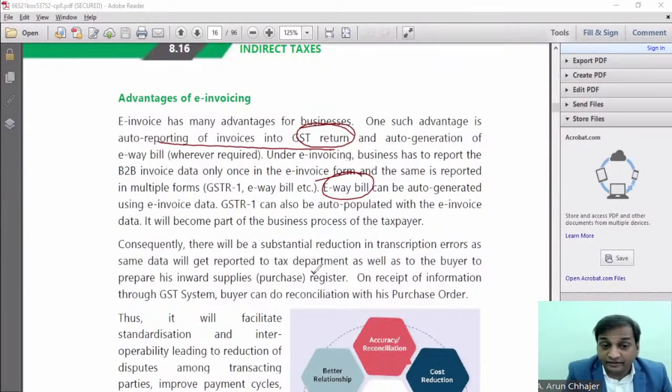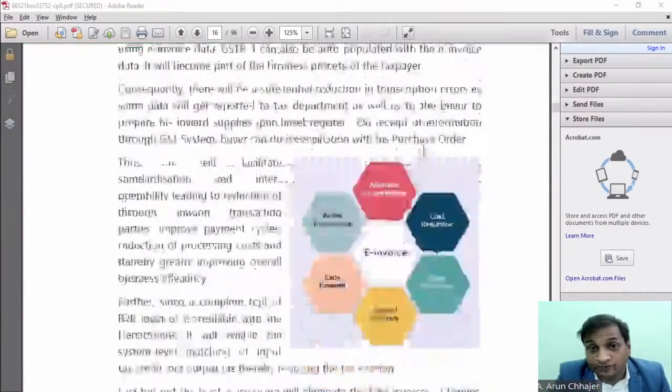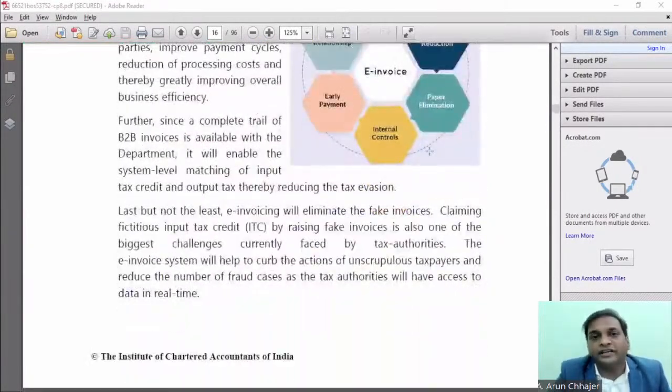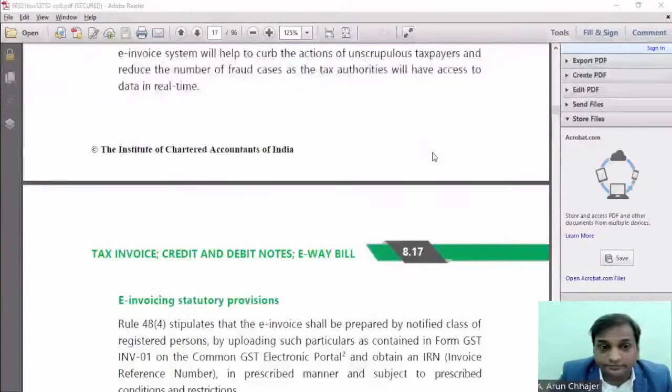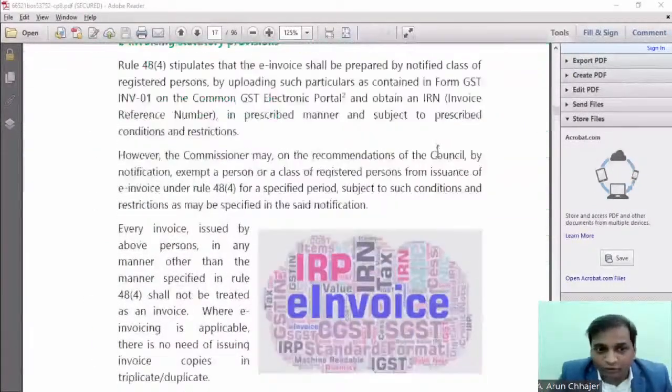The recipient would be able to see the transaction in the GSTR 2A. It will ease for government, or it will be controlled by the government. So no fake ITC is being taken. No fake invoicing is being generated, because everything is being routed through GST portal. So ITC would be controlled.